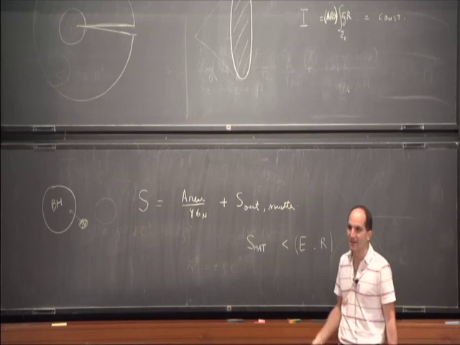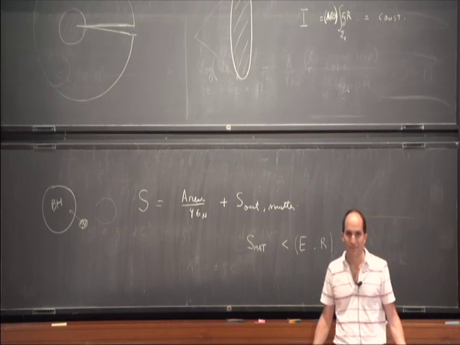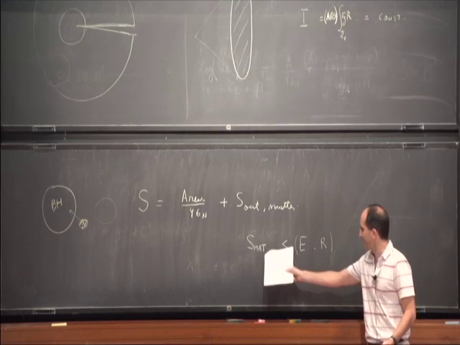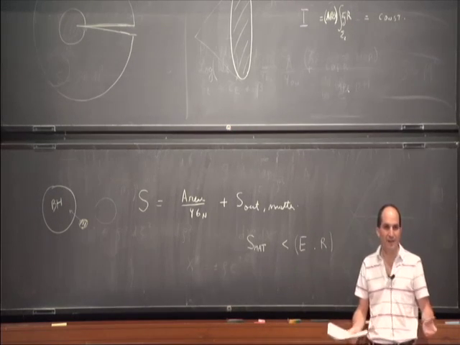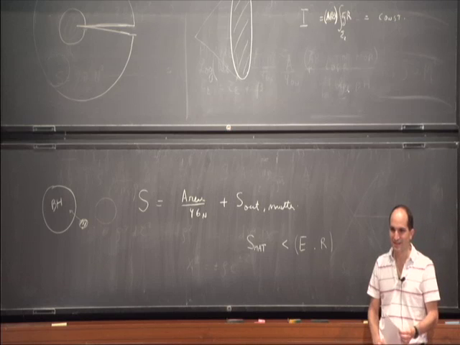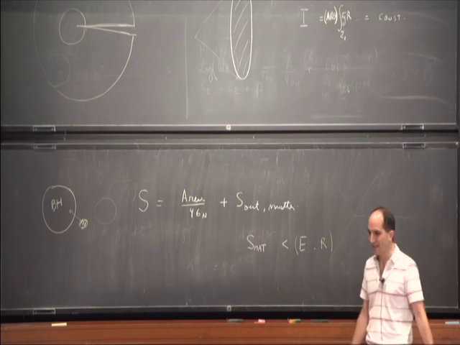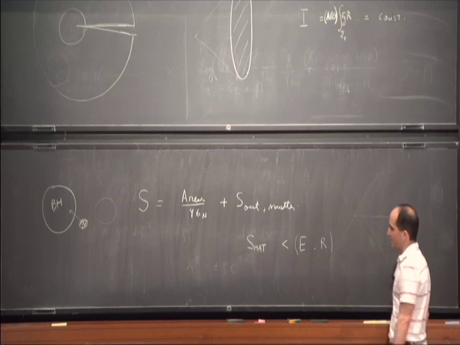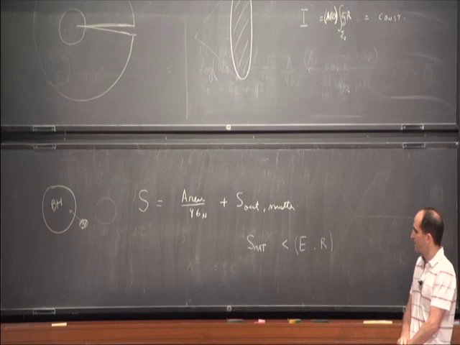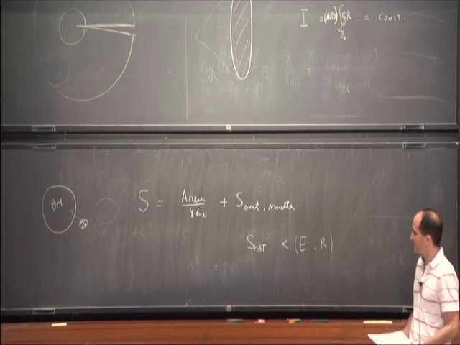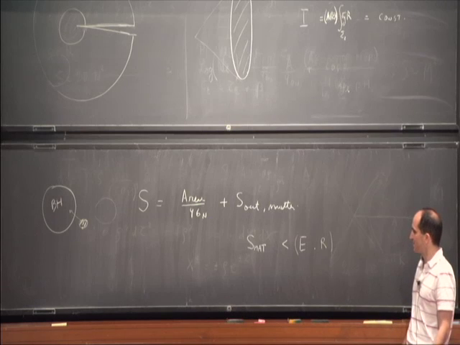And so one question that people asked was, first of all, is this obeyed by all field theories? Is it obeyed by any system? What are the assumptions that go into proving this formula? Now, naively, in non-relativistic systems, you can certainly violate it.